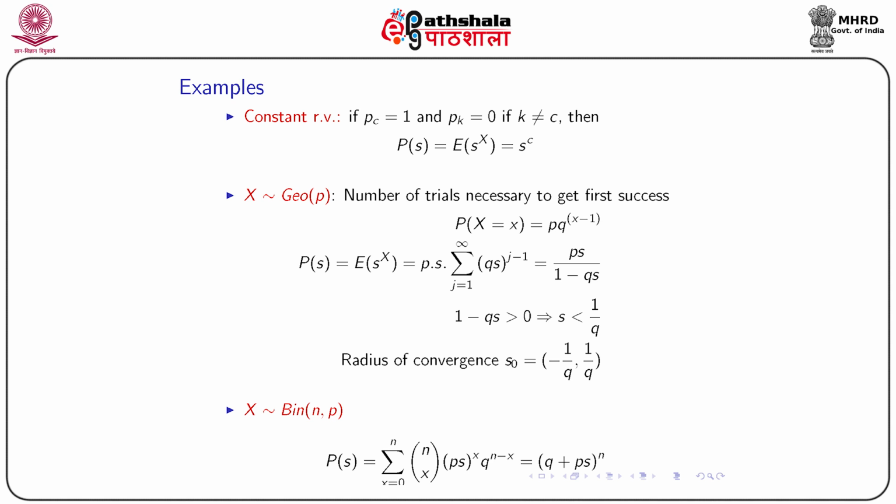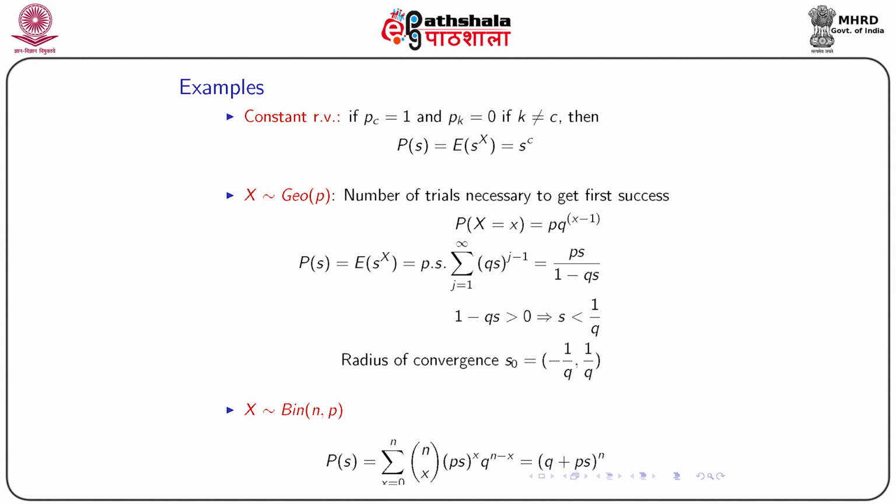Now by the definition of the probability generating function, P(s) can be written as p times the sum over j from 1 to infinity of q to the power j minus 1 times s to the power j, because we have s to the power j, and we are partitioning it into s to the power j minus 1. Now the function within the summation is a geometric series, and we know that the sum will be ps times 1 by 1 minus qs.